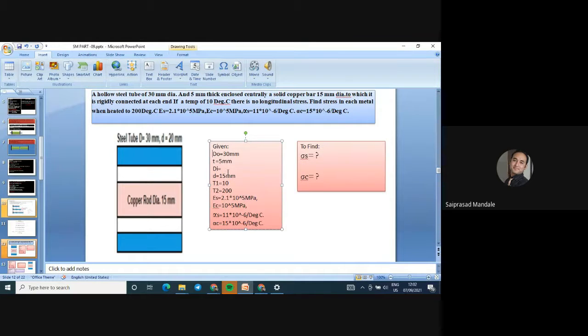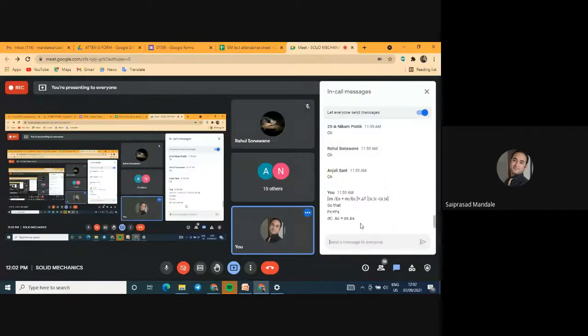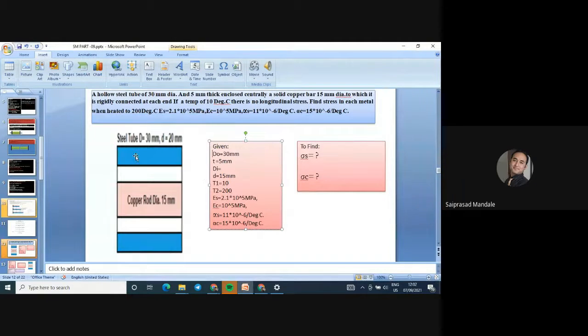Waiting for your answer in the chat box, or you can unmute. If you understood these things, tell me the internal diameter of the steel tube.